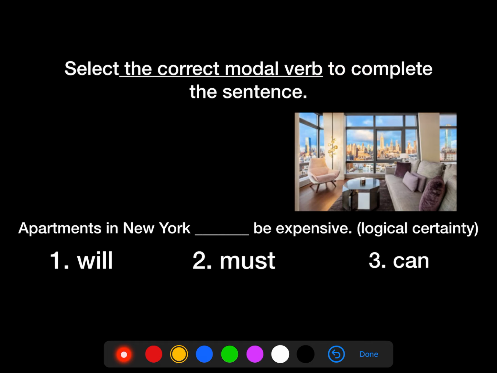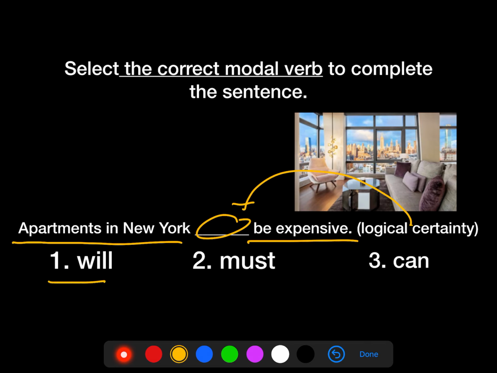Select the correct modal verb to complete the sentence. Apartments in New York, be expensive. So the hint says logical certainty. Will is a prediction and decision. Must is obligation and logical certainty.